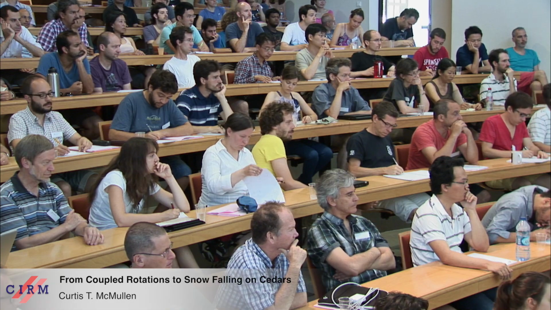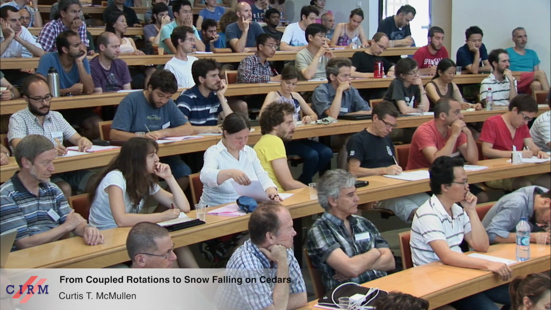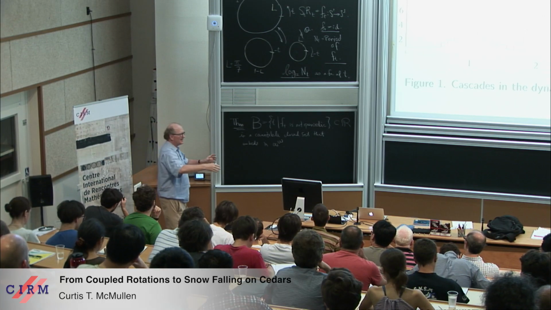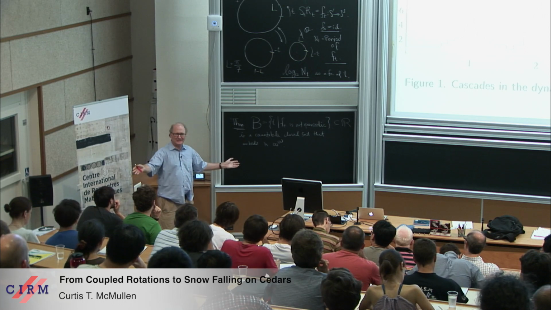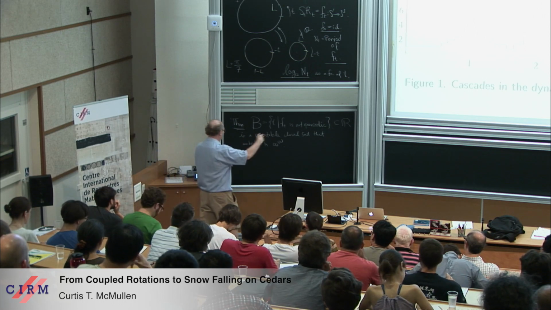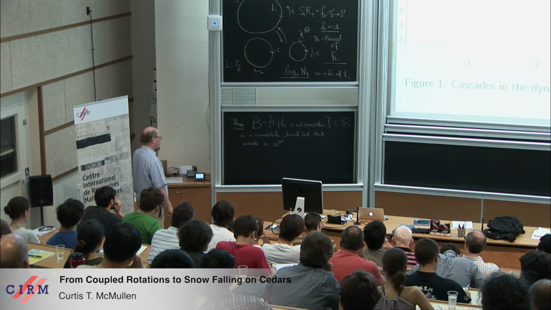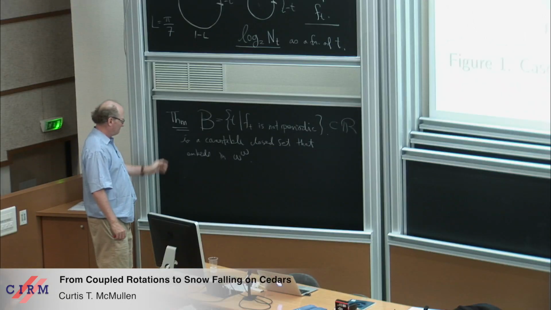So this means it has limits, limits of limits, limits of limits of limits, and so on for every n, but then it doesn't have limits of those things.